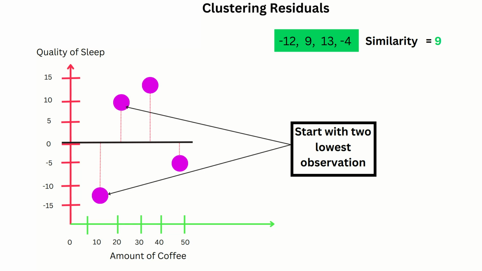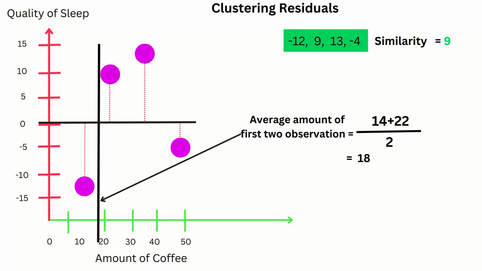Here we pick 14 and 22, these two observations. We then determine the average of these two observations, which serves as a threshold for splitting. The average amount of the two lowest observations is 18, visualized by the black vertical line.